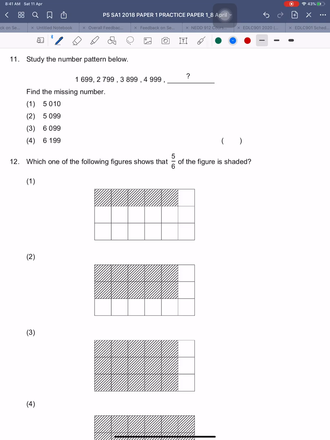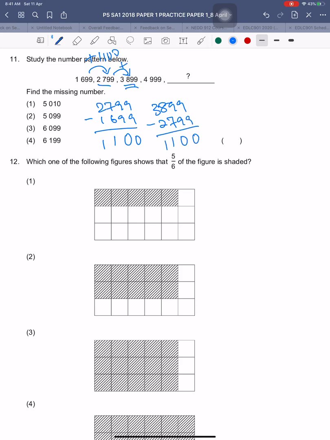For example, if I take this number minus this number, you find out that it's increasing by 1100. Now we need to confirm whether it is true that every number is increasing by 1100. So you take the third number minus the second number.